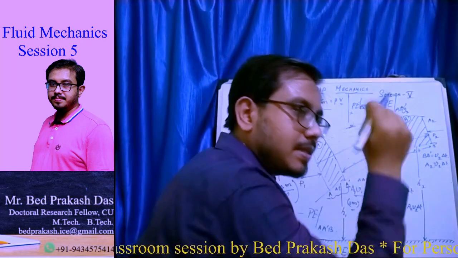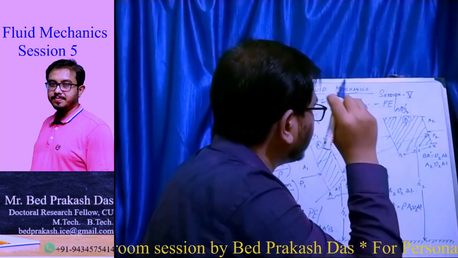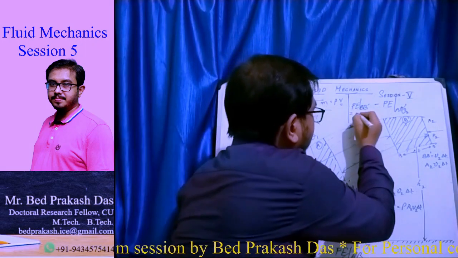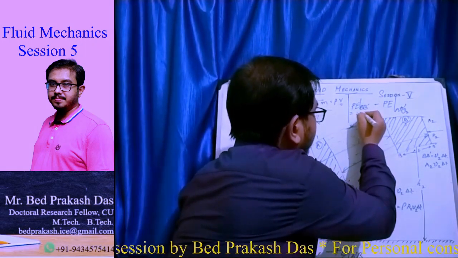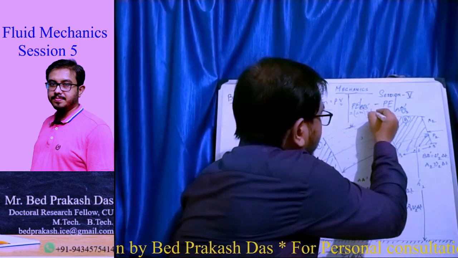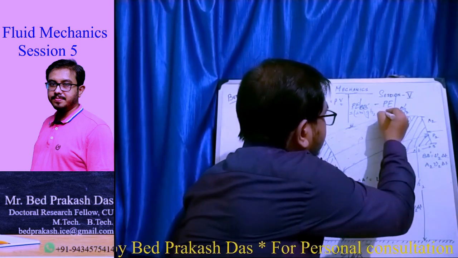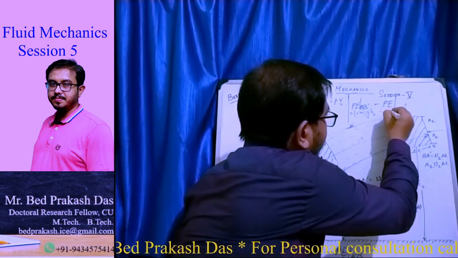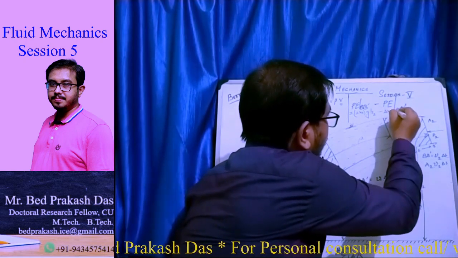From the basic law of potential energy, mgh can be calculated from here: delta m g h2 minus delta m g h1.